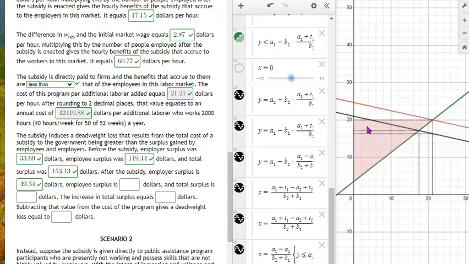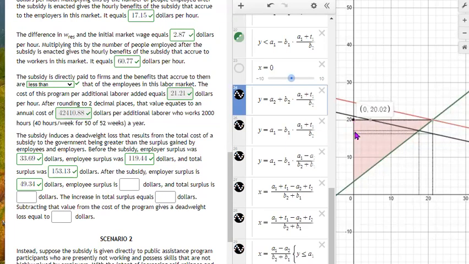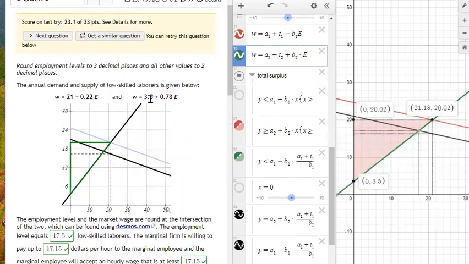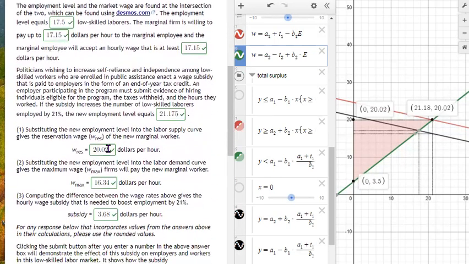So to calculate the new employee surplus, we have to calculate the area of this triangle here. The height of this triangle is the difference between the intercept of supply and the new market wage. So it's the difference between the 3.5, the intercept of labor supply, and this new market equilibrium, the intersection of the new demand curve and the original supply curve. And that was $20.02.